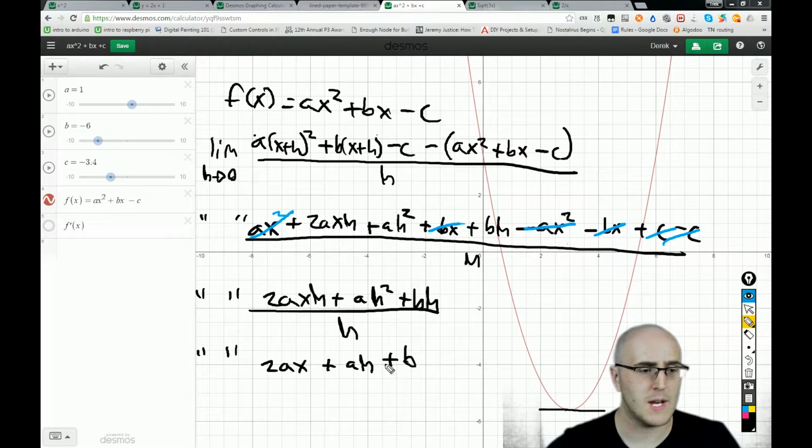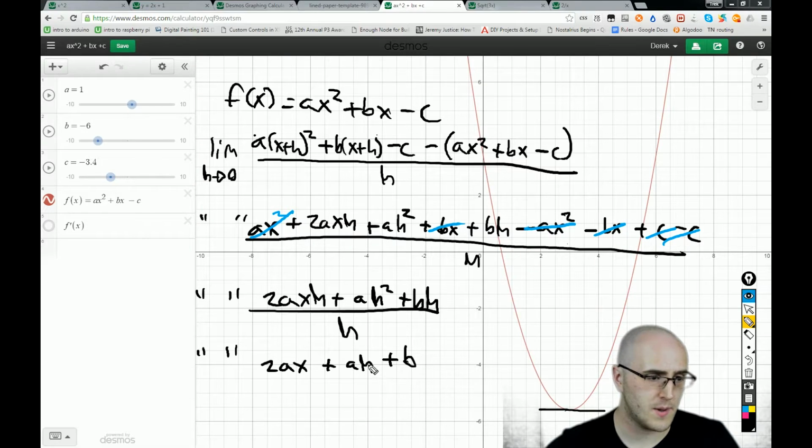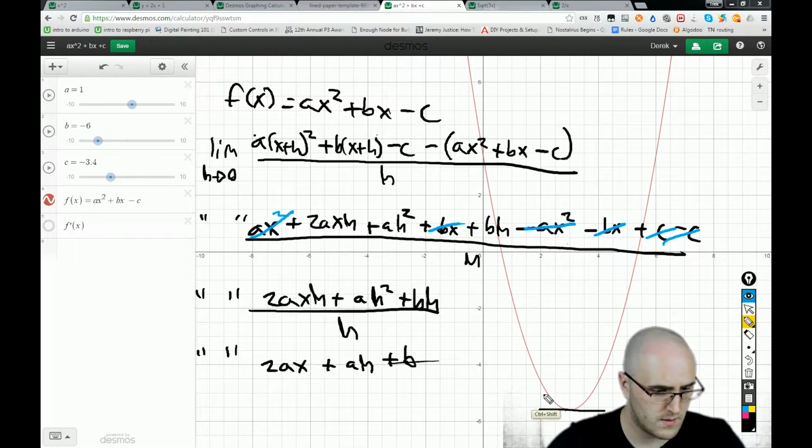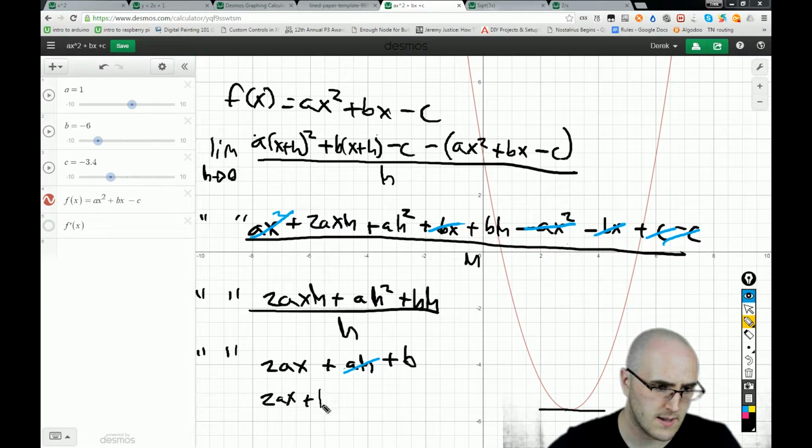We just plug in h equals 0 because this is pretty clearly something that doesn't have any discontinuities or any sort of doubts as to whether or not it's just a line that continues on without any sort of indeterminacy. So we're going to plug in h equals 0. That'll make that disappear, and we end up with 2ax plus b.